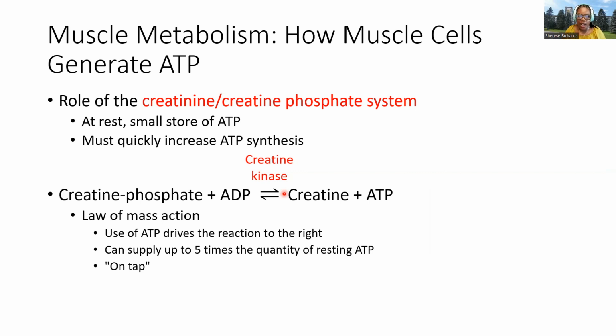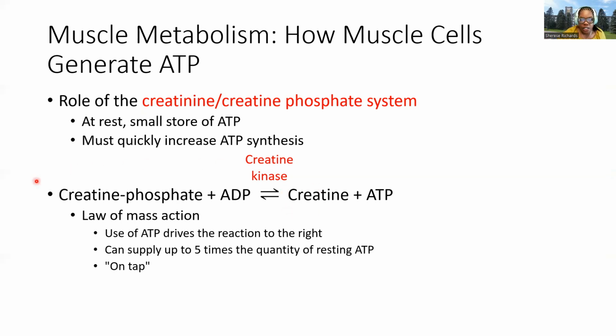And there's not enough time for ATP to be made on demand. So the creatine phosphate system is what keeps a small store of ATP ready to go on tap to start the contraction. And then the other mechanisms can take over because they'll have more time to get warmed up, right? The machinery can get warmed up to make those other sources of ATP.